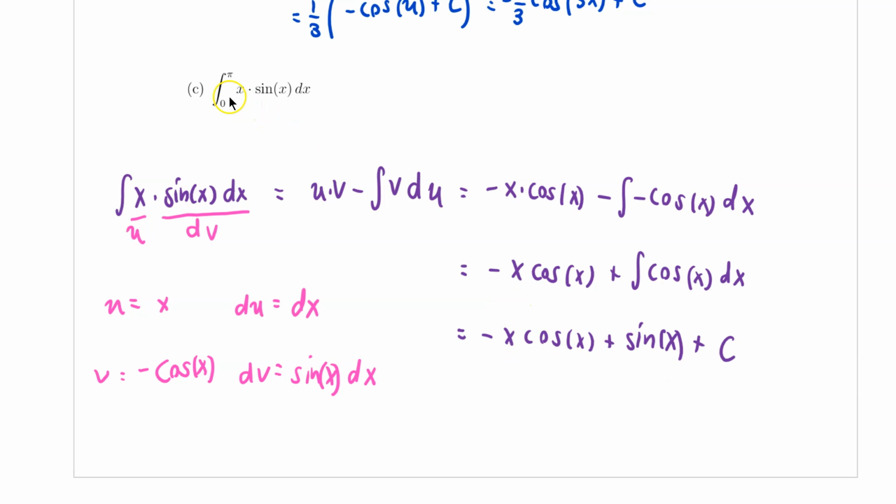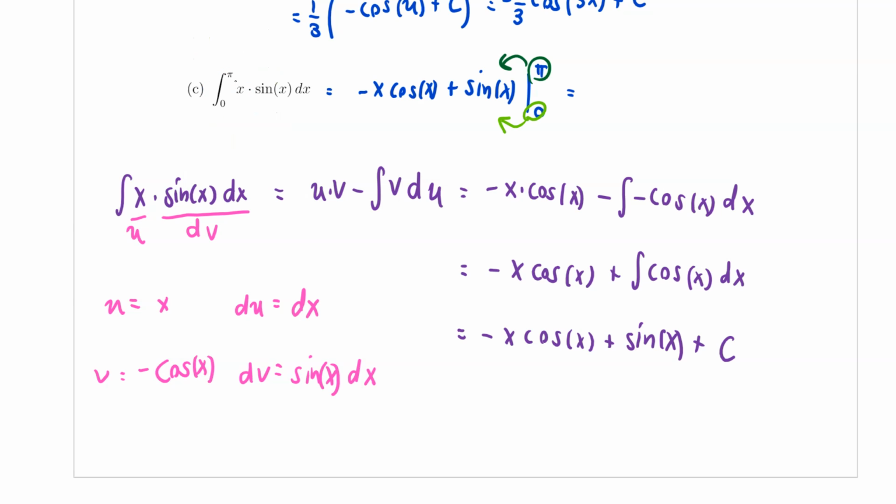Let's go ahead and do this integration from 0 to pi then. So this is going to give me negative x cosine of x plus sine x. Once again, I can leave out the plus c here because I can do the integral from 0 to pi. So I'm just going to plug in the upper number, plug in the lower number, and subtract the two things.